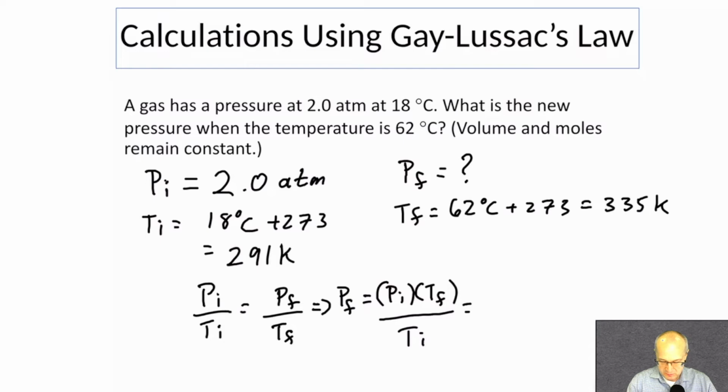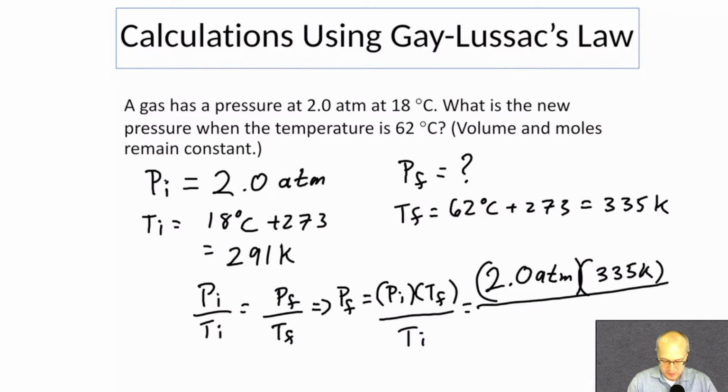Plug in some numbers. 2.0 atmospheres multiplied by Tf, which is 335 Kelvin. All that will be divided by Ti, which is 291. Temperature units cancel, leaving us in a unit for pressure, which is atmospheres.